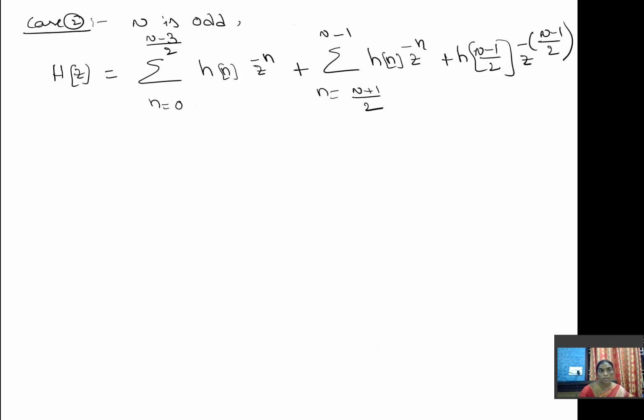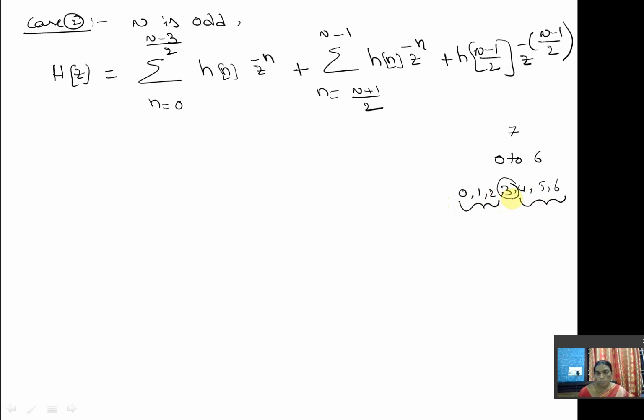But now here consider this. N is odd, for example 7. So 0 to 6. That means 0, 1, 2, 3, 4, 5, 6 are there. But here we should split this into two equal parts, like 0, 1, 2 and 4, 5, 6, but 3 is the middle one. So it is a single one.